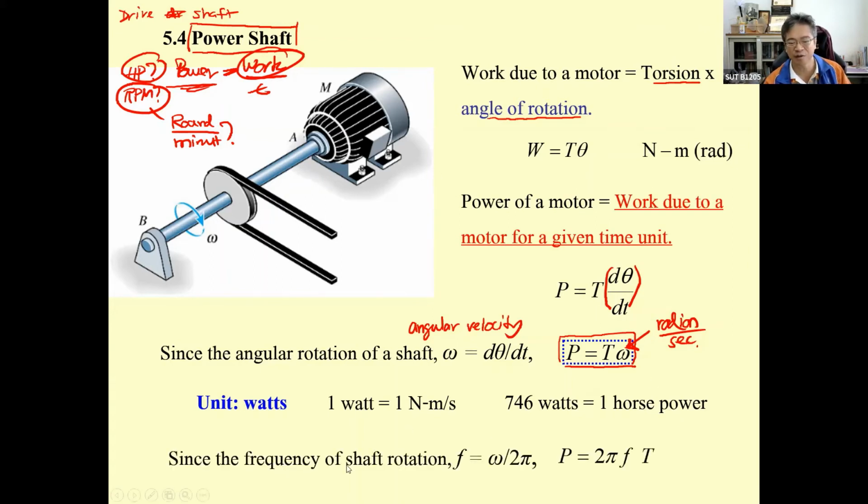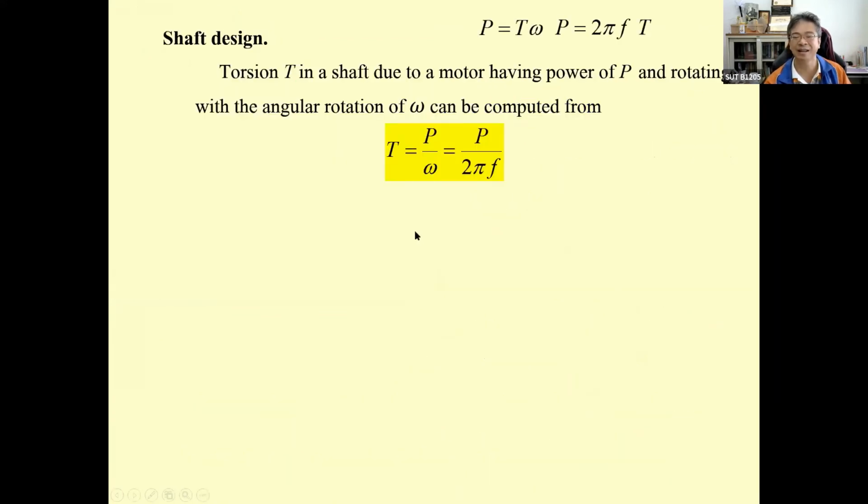And then the frequency of the shaft rotation is going to be the angular velocity divided by 2 pi. So the power also can be determined from this equation. So in machine design, you may determine the torsion by the power divided by angular velocity, or the power divided by 2 pi frequency.